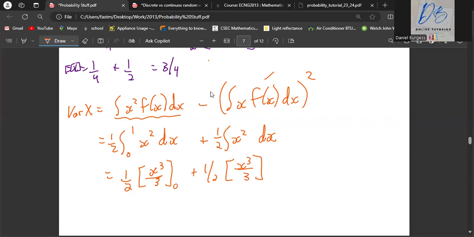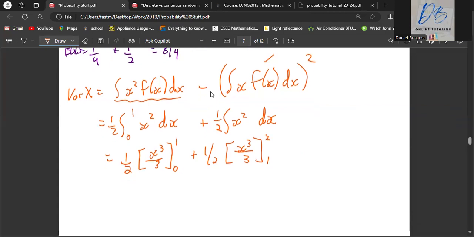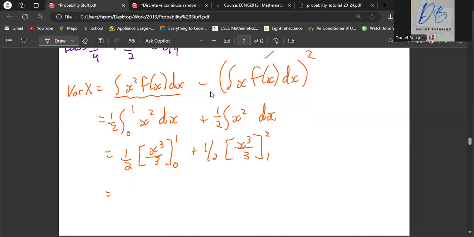Now this is between 0 and 1, and this one will be between 1 and 2. Right, a little bit of maths. So there'll be 1 cubed on 3 minus 0, plus a half, 2 cubed on 3 minus 1 cubed on 3.